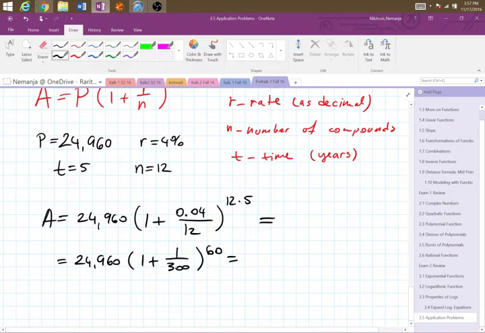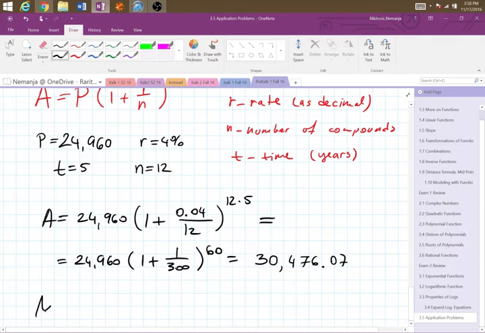So you type 24,960, open parenthesis 1 plus 1 divided by 300, and then little caret, and then 60. When I simplify the fraction, multiply top and bottom by 100, and then cancel 4 and 12. So we get 30,476 and then 7 cents.